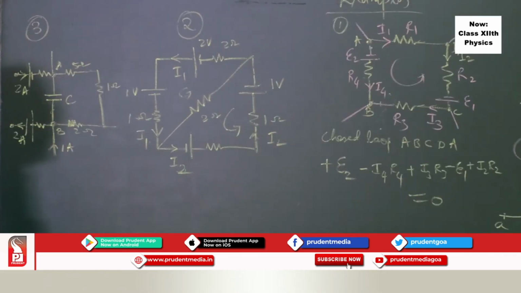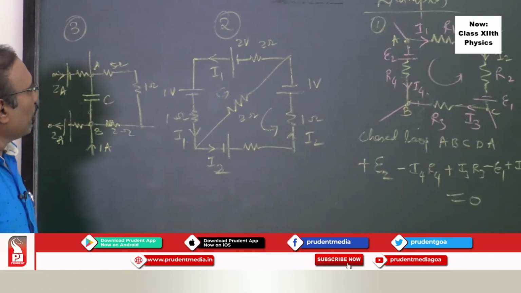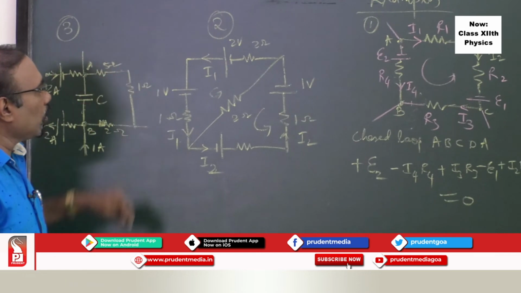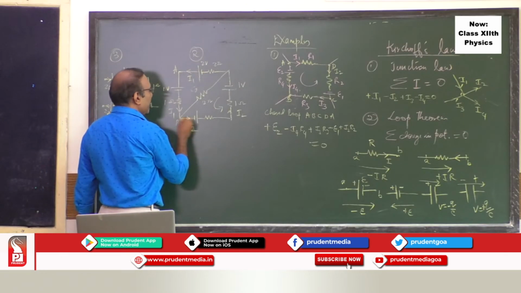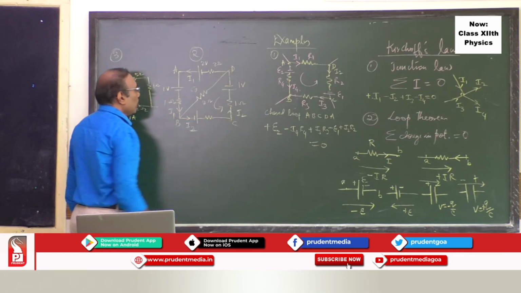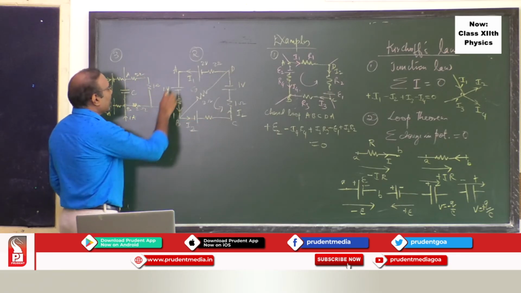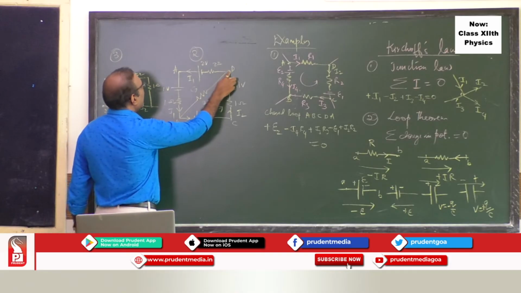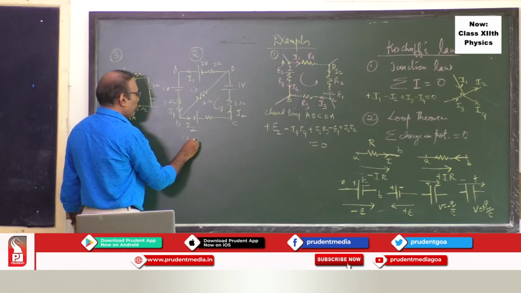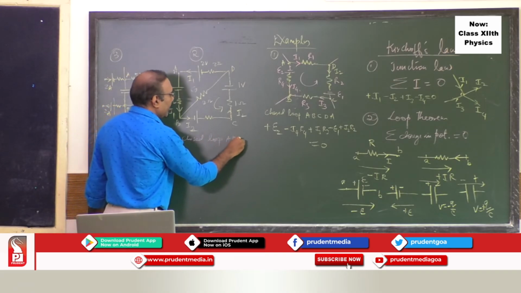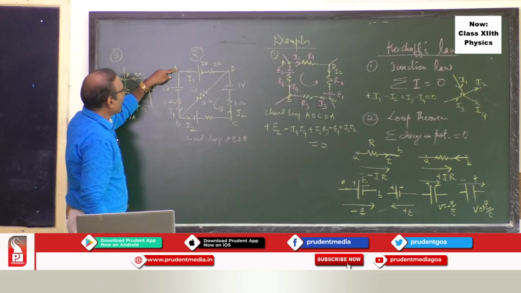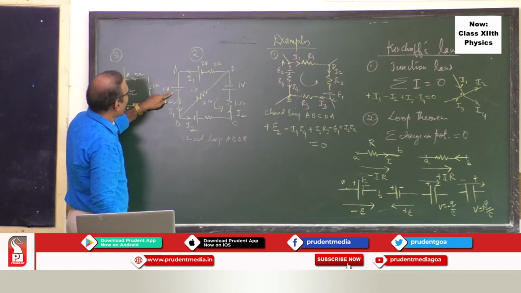I'm not going to solve the total circuit as such, but I will help you with how to take the loops and you can easily continue. So this is, suppose, A, B, C, D. First loop I'll take as A, B, D, A. So I take a closed loop A, B, D, A. If I start from here, A, I get a cell.